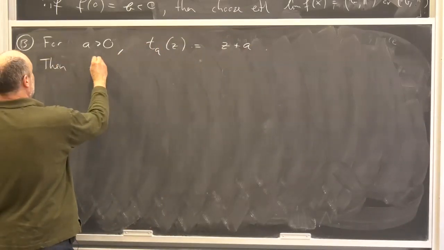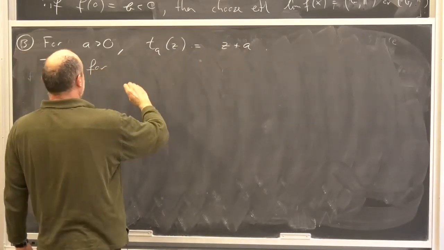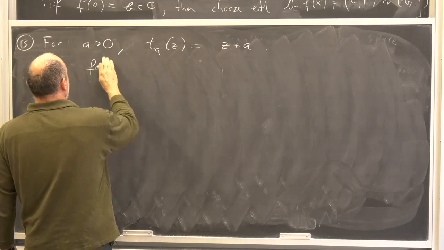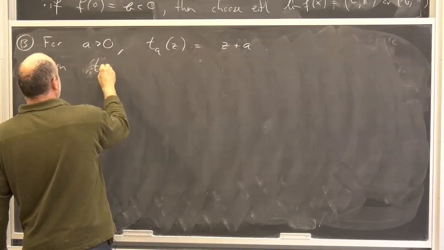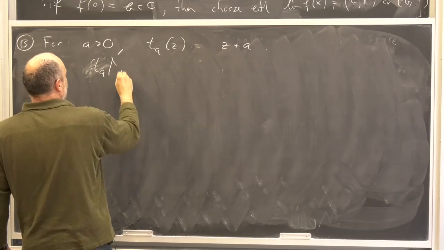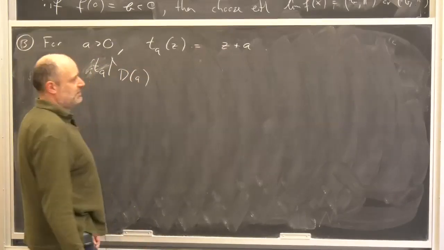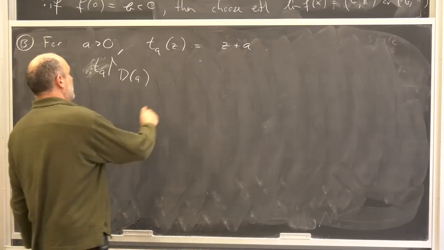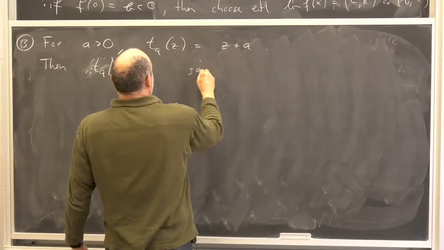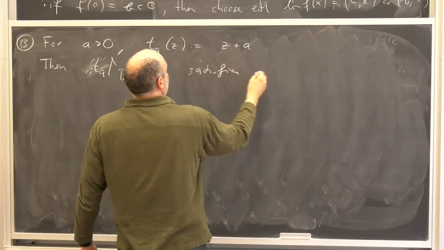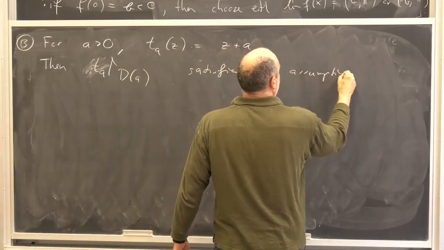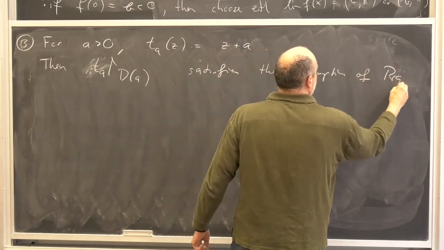So for, let's see, the restriction to D of A, right, in the plane, so that the annulus satisfies the assumption. Proposition.